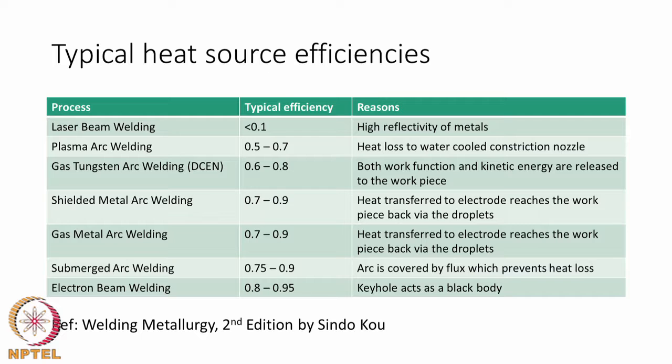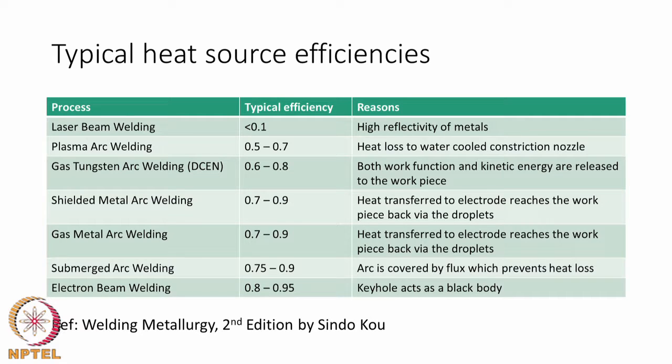Submerged arc welding also has a lot of efficiency, the reason being that the arc heat is not lost to the environment by radiation, because the arc is covered by granular flux which hides the arc and prevents some radiative loss. And electron beam welding is known to show efficiencies reaching nearly 95%, and the reason is as follows.